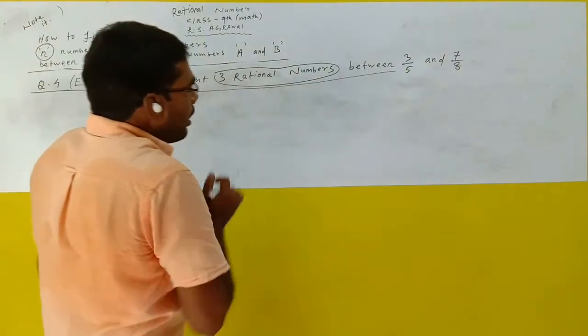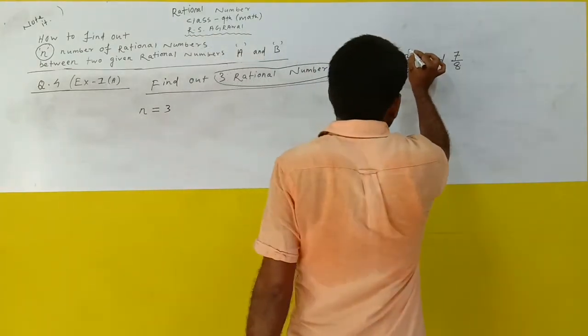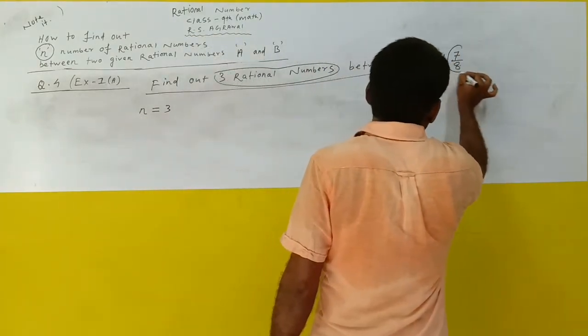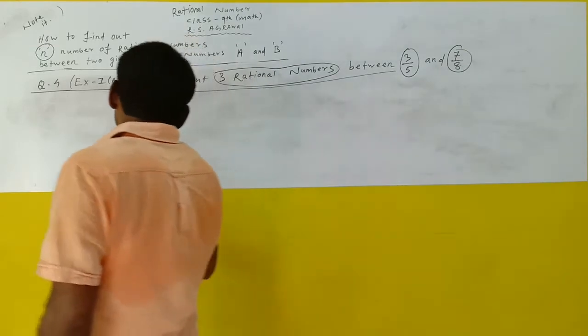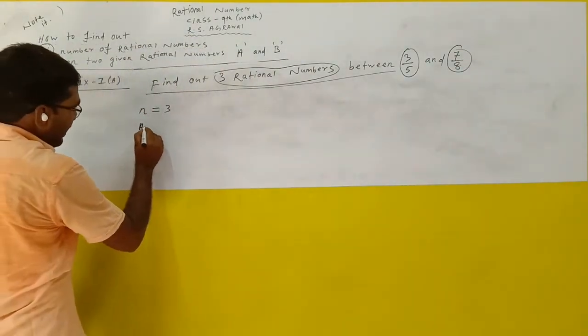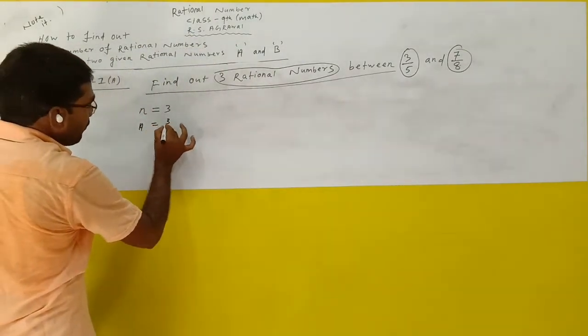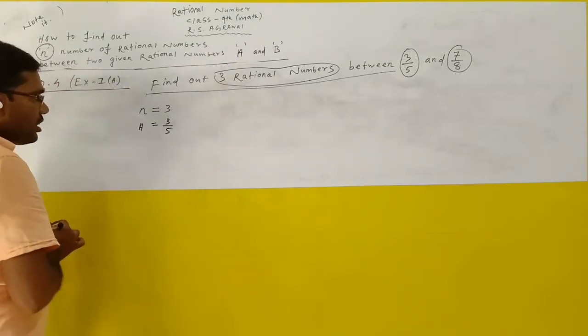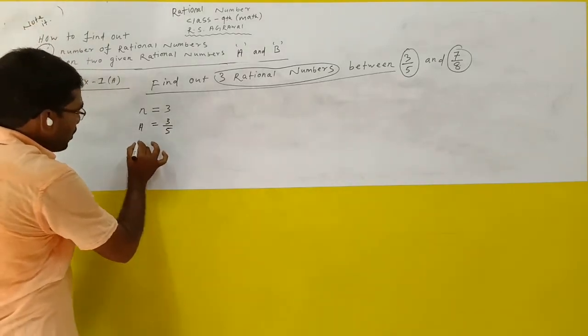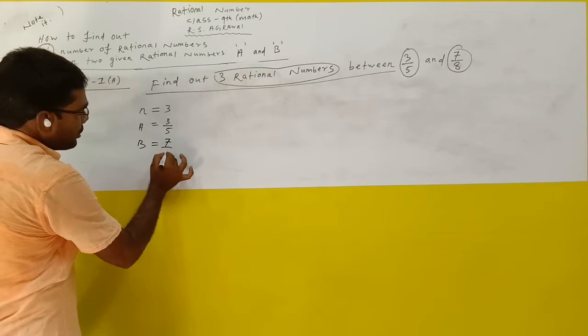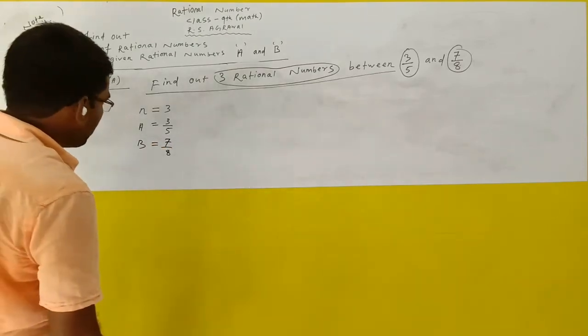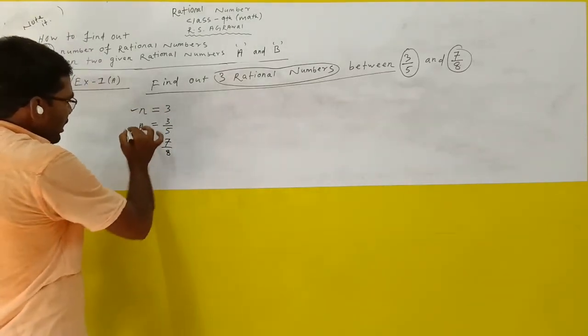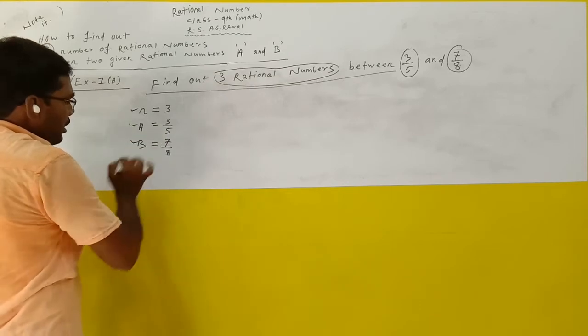And your given rational numbers are 3 by 5 and 7 by 8. It means A equals 3 by 5, the first given rational number, and B equals 7 by 8, the second given rational number. So n is 3, A is 3 by 5 and B is 7 by 8.